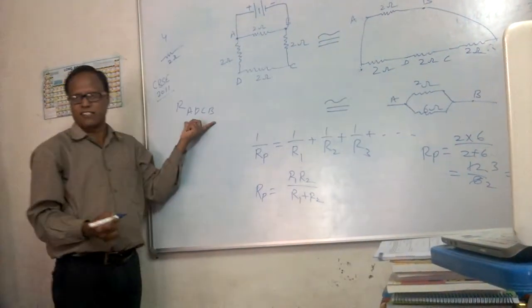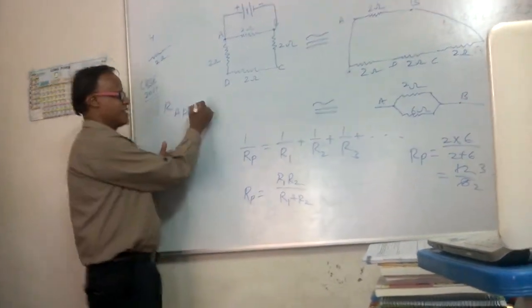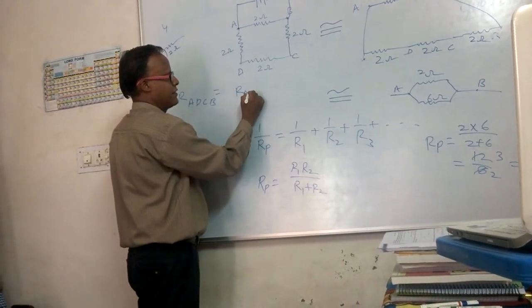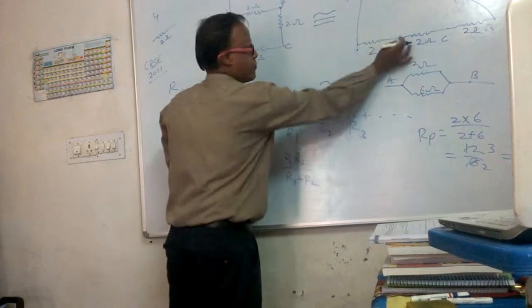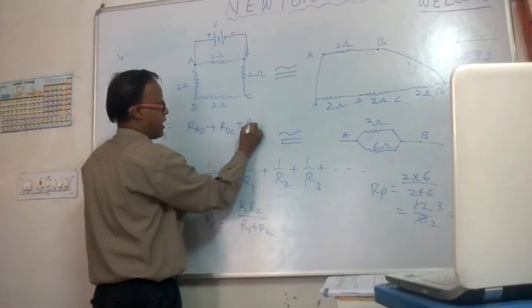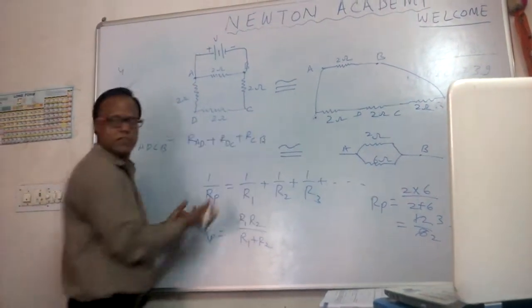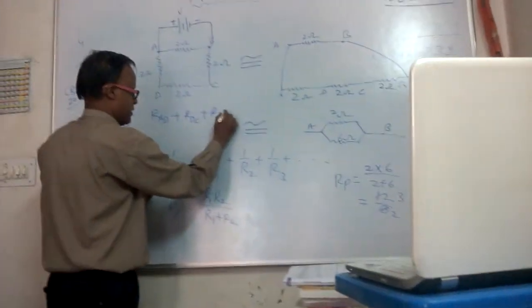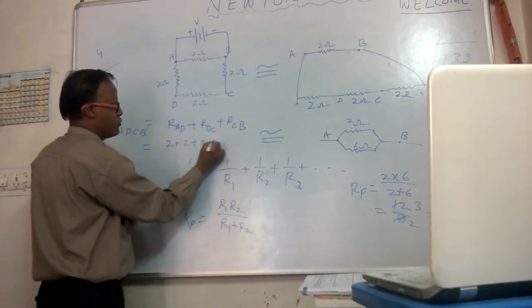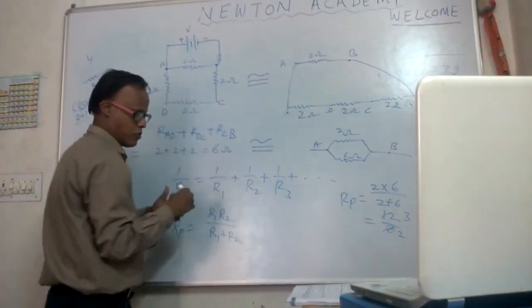If I write down like this, this is equal to R_AD, this is your AD point, plus R_DC, plus R_CB. So this is equal to 2 plus 2 plus 2 equal to 6 ohm.